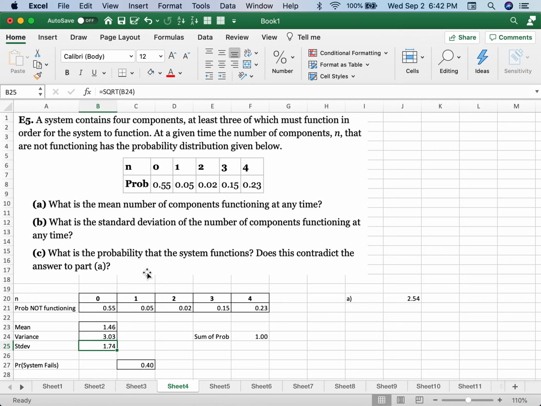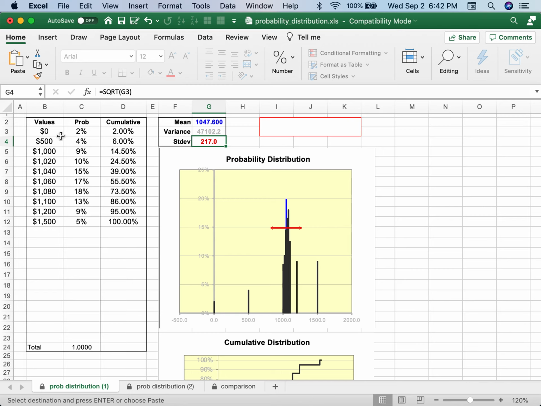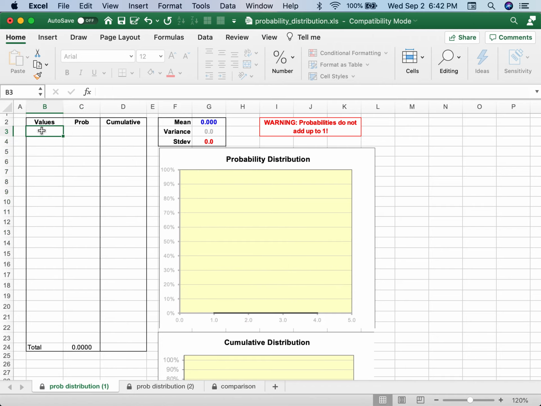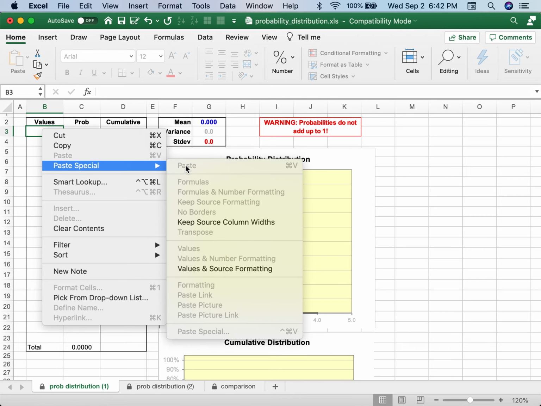Now, if I were using the probability template, here's what I would do. I would select these first, 0, 1, 2, 3, 4, Command C for copy, and then I would go over to the probability template. You see it still has the values from a previous problem. So let's delete those. And right here, I'm going to right click and say paste special.